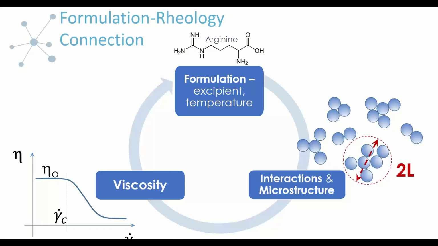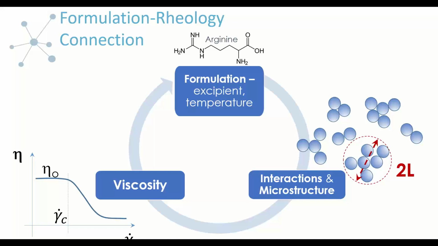So first, what we need to do is build the bridge between formulation and viscosity. To begin, we'll start with the formulation, which is the excipients or osmolytes, depending on which field you're in, what you call those, and the temperature that the formulation is being used in. These changes in the formulation have a direct influence on the interactions and microstructure in the particles suspended in solution.